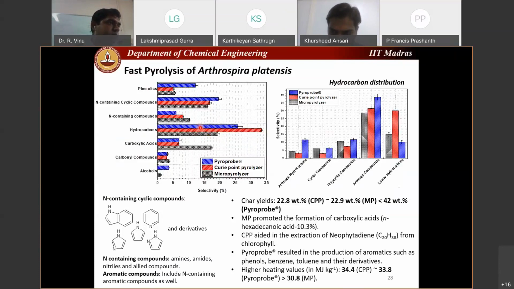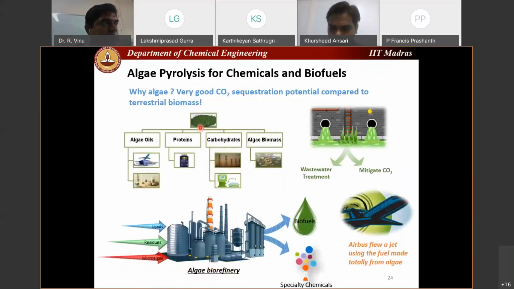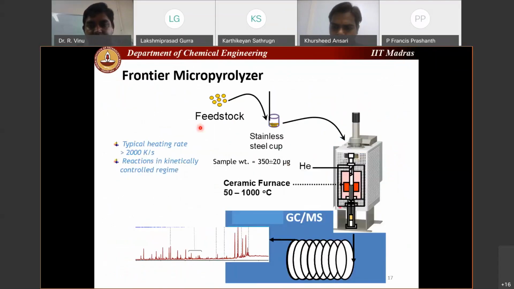So which heat transfer mechanism is influential, conduction or convection? This is a very important question, and it can corroborate the previous question also. In a Curie point pyrolyzer, I would expect that conduction is the predominant mode of heat transfer, whereas in a micropyrolyzer, as shown by the Iowa State researchers, it is both conduction as well as convection. I can quickly go to this slide.